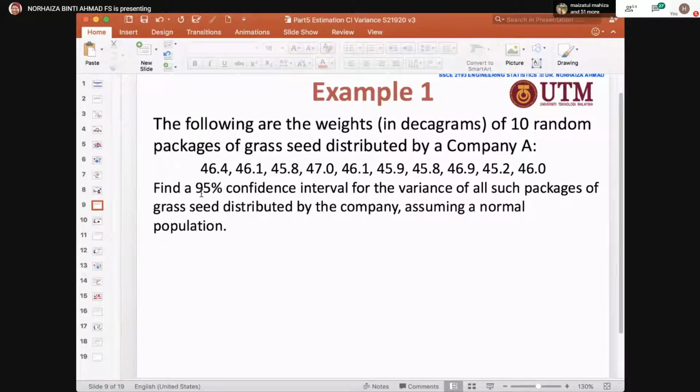Find a 95% confidence interval for the variance of all such packages of grass seed distributed by the company, assuming a normal population. Assuming normal population doesn't mean that you construct it using a normal distribution. It means that these observations come from a normal distribution.